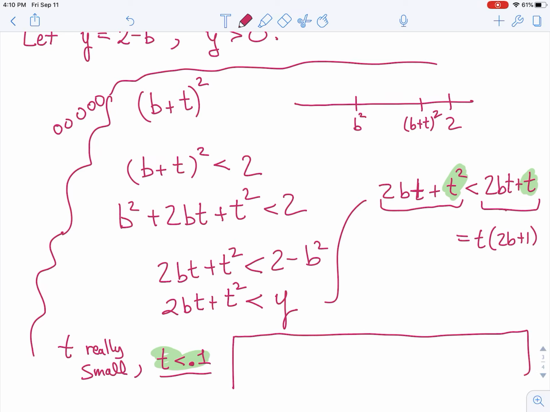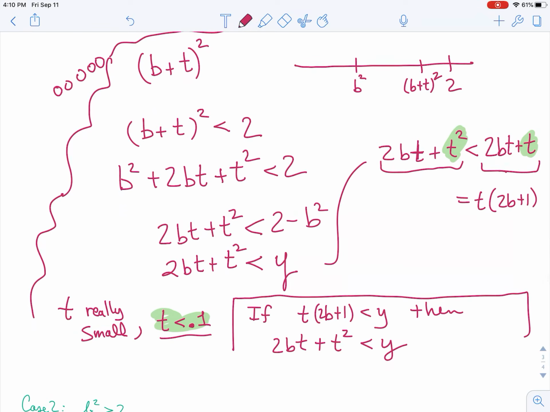Let me just summarize what my goal is, because I'm running out of room here. If I can make t times 2b plus 1 less than y, then 2bt plus t squared will definitely be less than y. Because we just follow these inequalities.